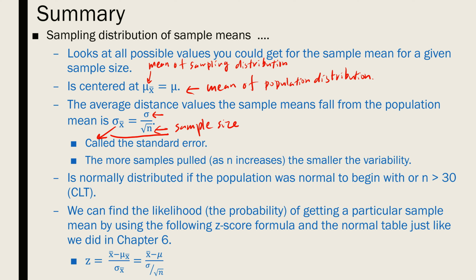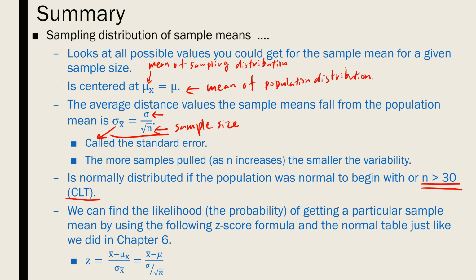The sampling distribution of the sample mean is normally distributed if the population was normal to begin with, or for a very large sample size, n larger than 30. This is implied by the central limit theorem.